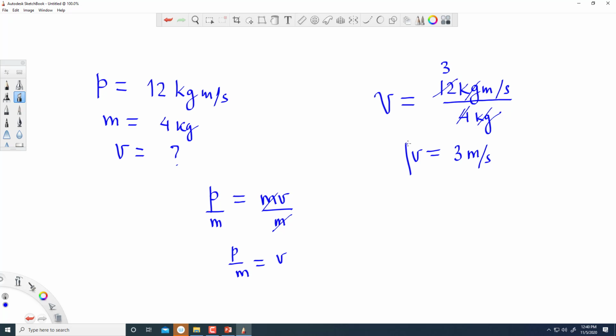So that's the velocity, or that's the speed. So that's the momentum.